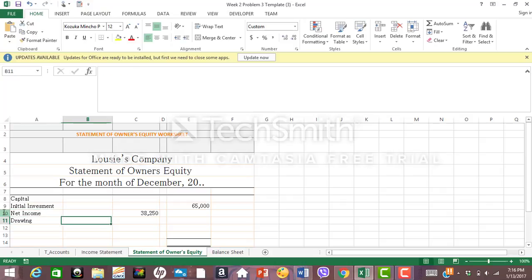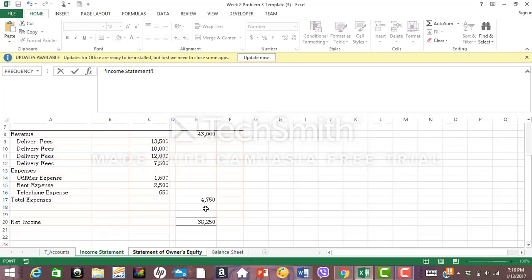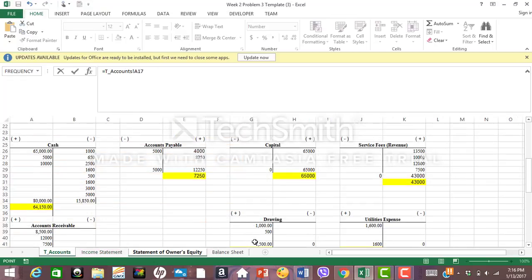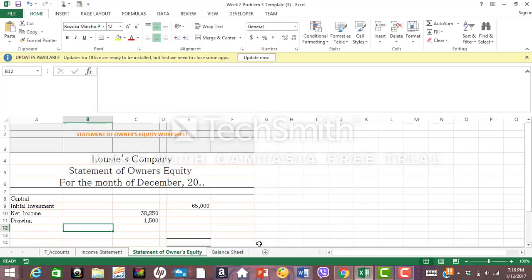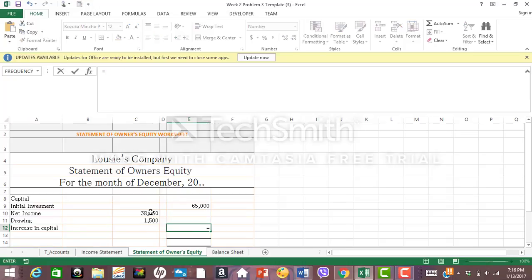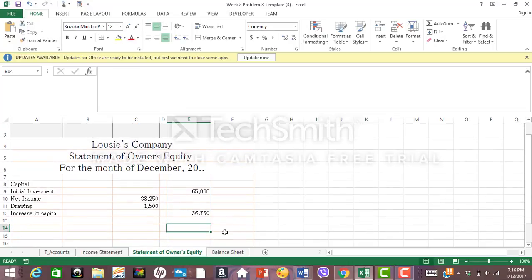And then your drawing would be 1,500. Your increase in capital would be however much you made minus your drawing. So your increase in capital is 36,750.